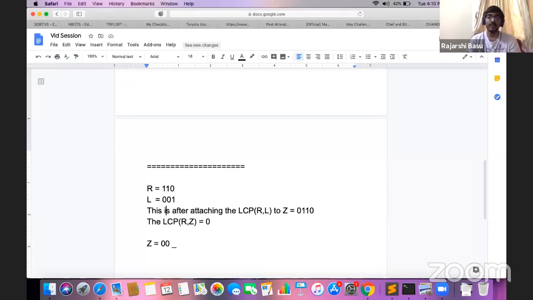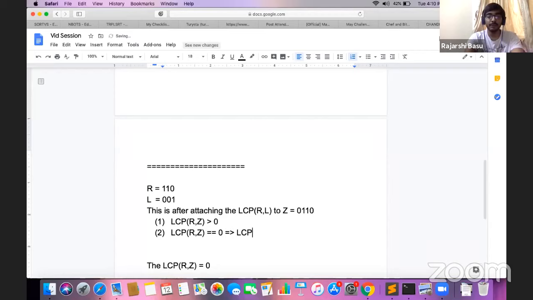Now we say how many characters of Z and L are same, like what is the LCP between L and Z. So this is case 1, rather case 1 was LCP of R and Z greater than 0, and case 2 is LCP of R and Z equal to 0, and then we try to fix LCP of L and Z, right?